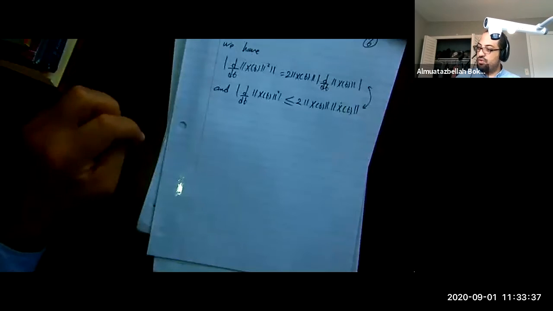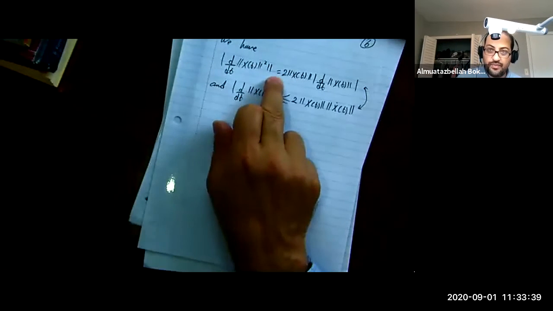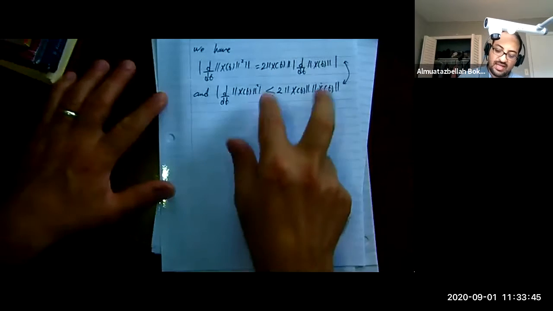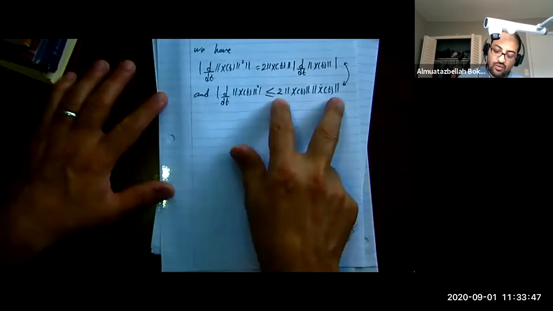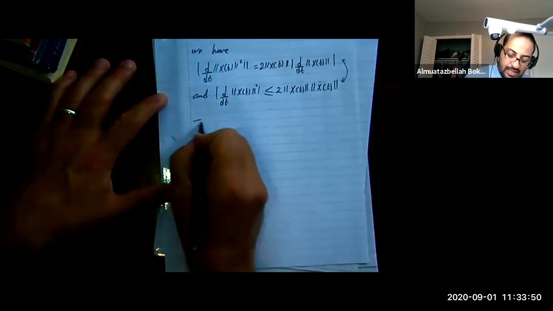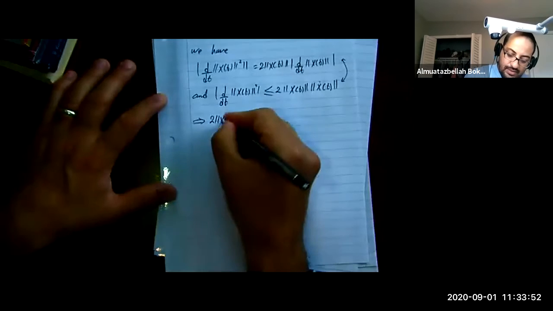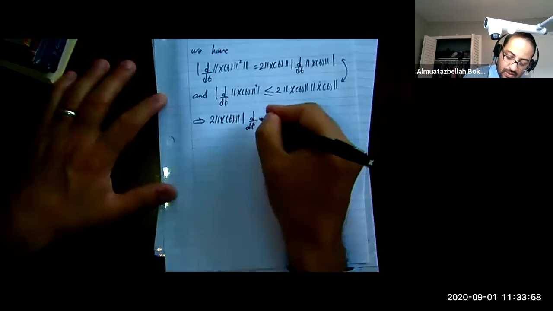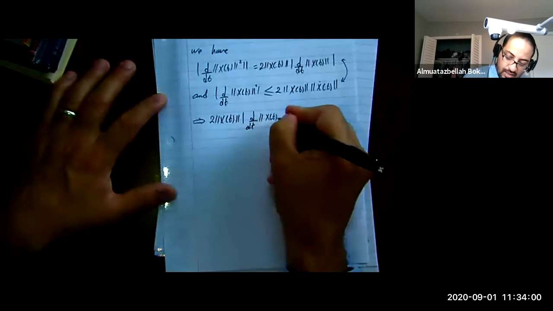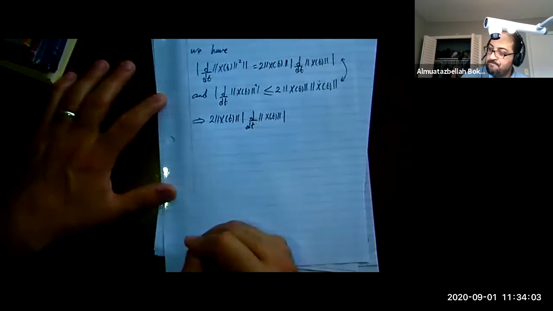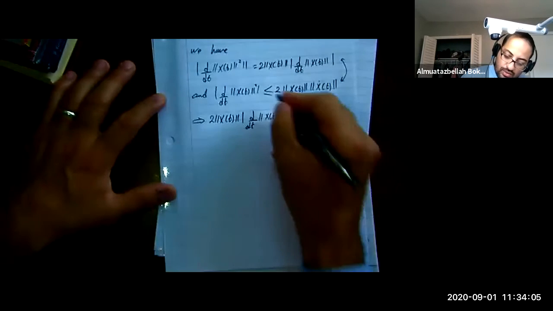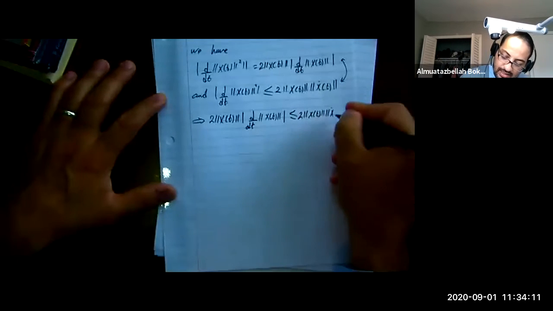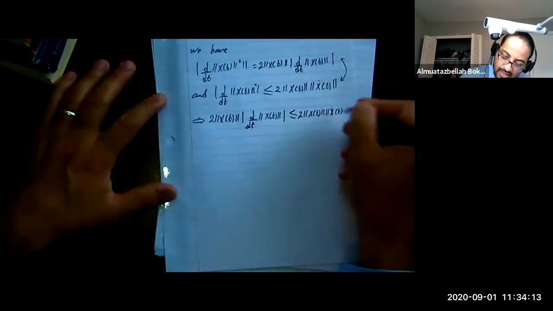So what's going to happen if you compare this? This is an equality and this is an inequality, so that means that this one is less than or equal to that one. So this implies that 2 norm of x of t times the magnitude of d over dt of the norm of x of t is less than or equal to 2 norm of x of t norm of x dot of t.